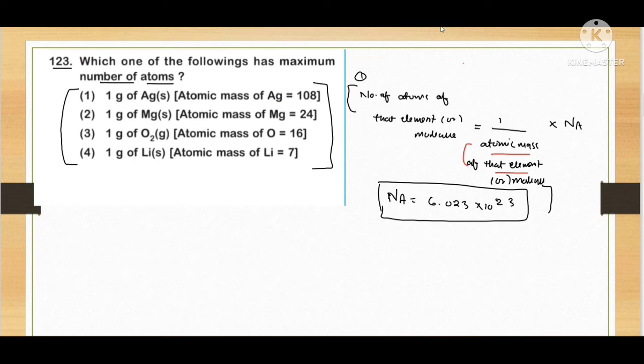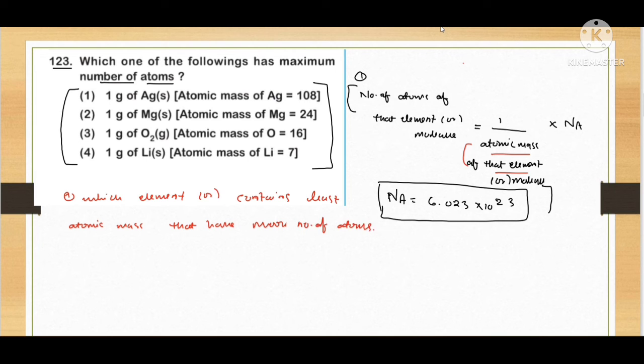That means the element or molecule which contains the least atomic mass has more number of atoms. Which element contains the least atomic mass that has the more number of atoms?